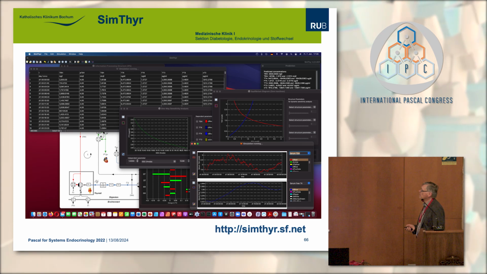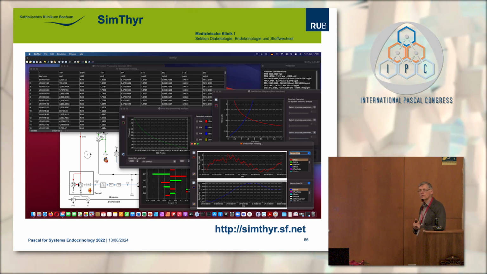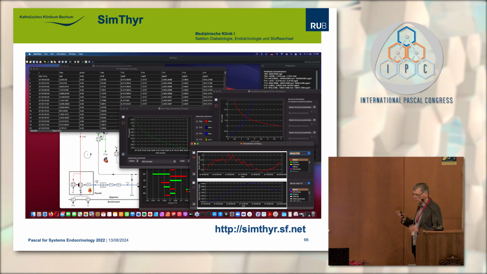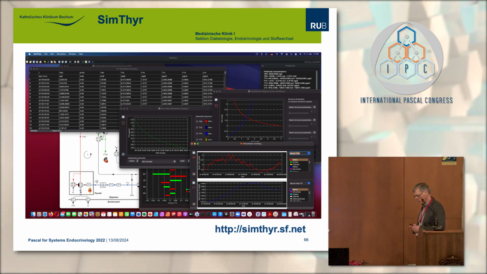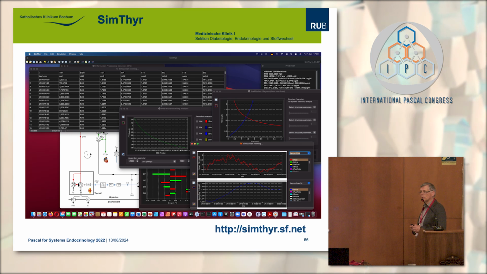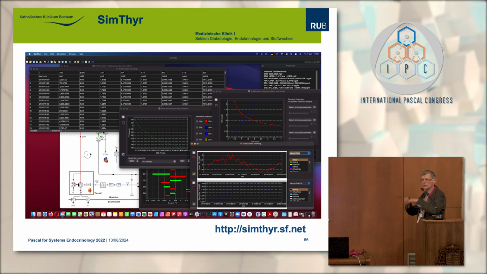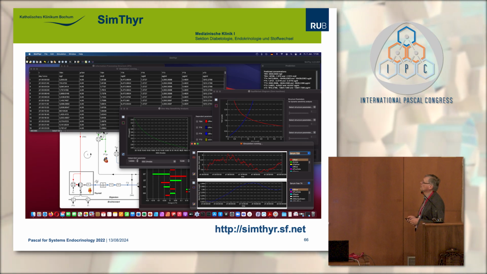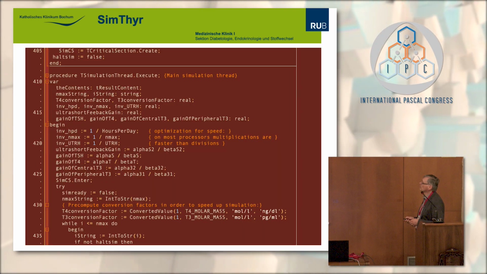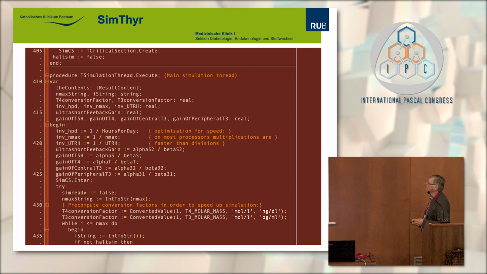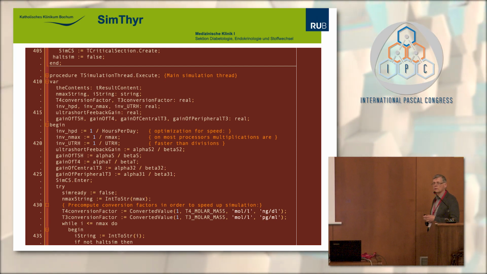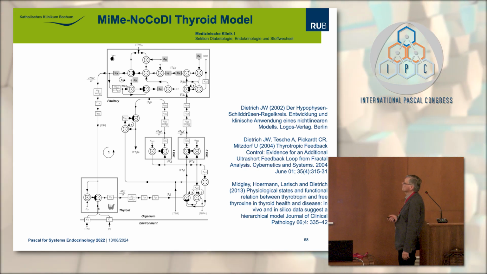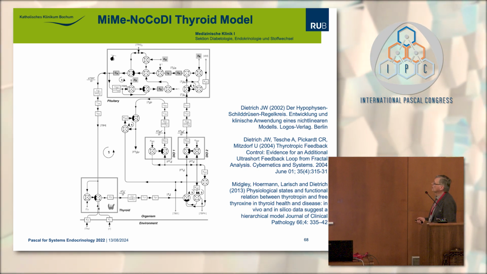But this software continued to evolve until today. This is a modern variant of SimTur, a program which simulates the thyroid gland, with many evolutionary steps in between, but the core algorithm is still nearly the same as 30 years ago. And now the simulation runs in a thread to make it more flexible, but this program has a very long tradition.